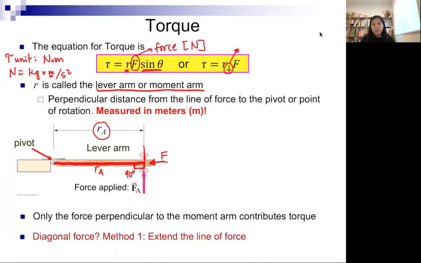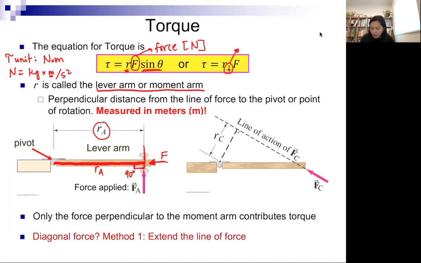So one method is to extend the line of force, because remember, you need to find the lever arm, that perpendicular distance from the force to the pivot point. So if you have, say, this diagonal force FC, then what you can do is extend this line of force so that you are able to draw this perpendicular line that goes from the line of force to the pivot point, and that determines the moment arm.